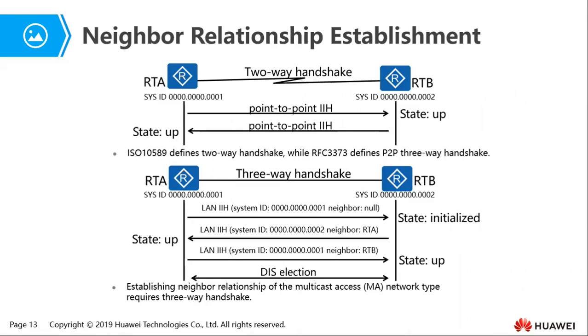So let's look at the neighbor relationship establishment. We have two ways in which neighbor relationships can be created in IS-IS. One of them is called the two-way handshake, and the other one is called the three-way handshake.